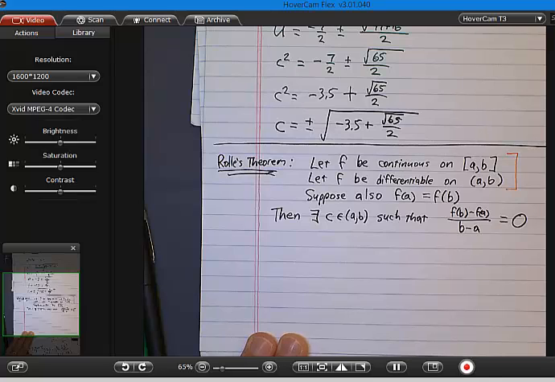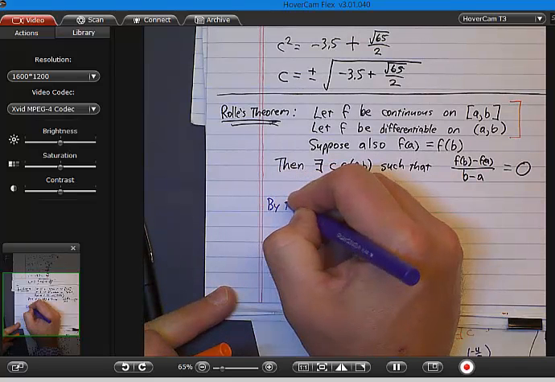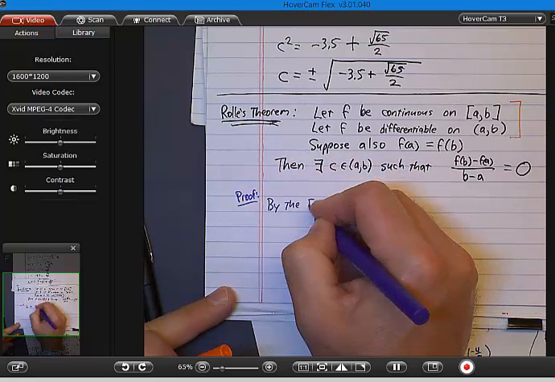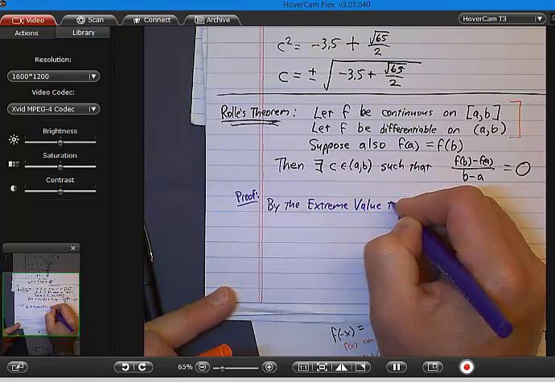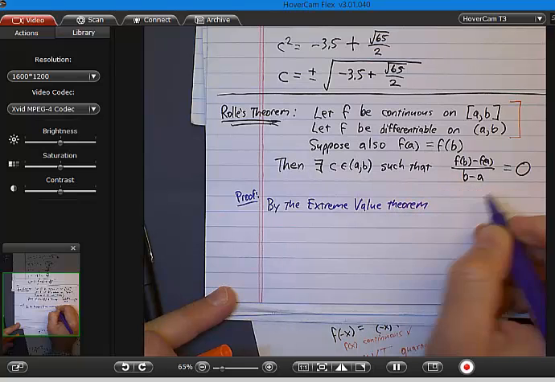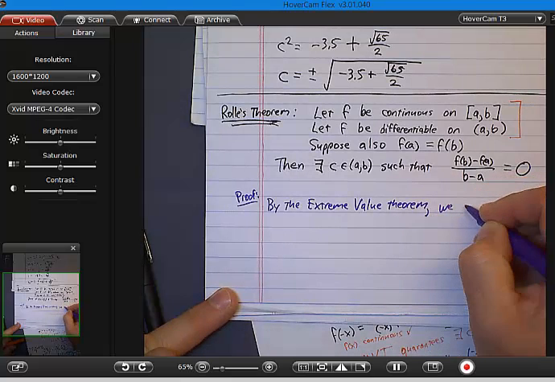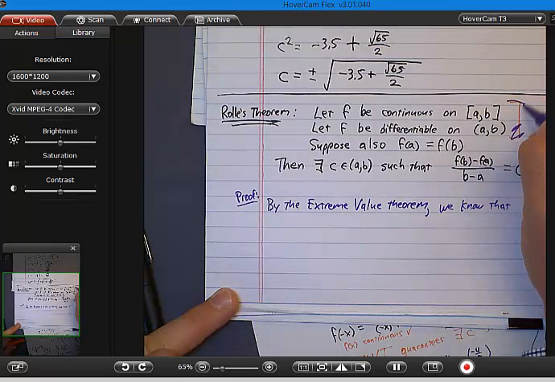You needed f to be continuous and differentiable, and then it said there exists. So I can say this. This is my proof of Rolle's theorem. By the extreme value theorem, actually, I don't even think you need differentiable. I think you just need continuous. We know that, so yeah, all I need here is continuous.